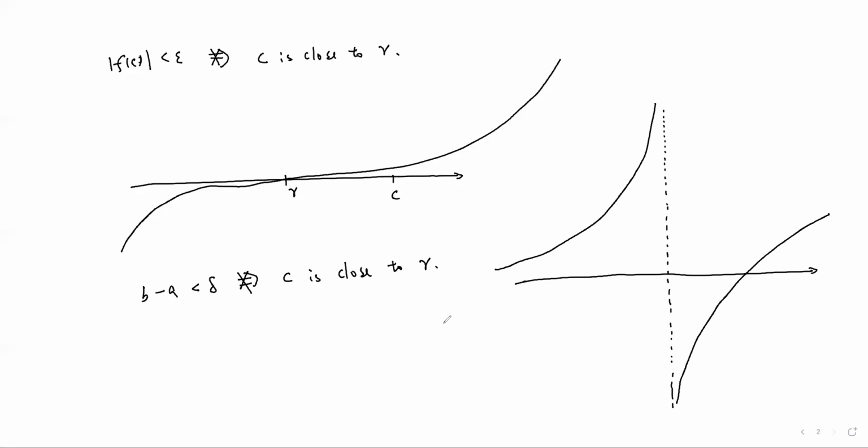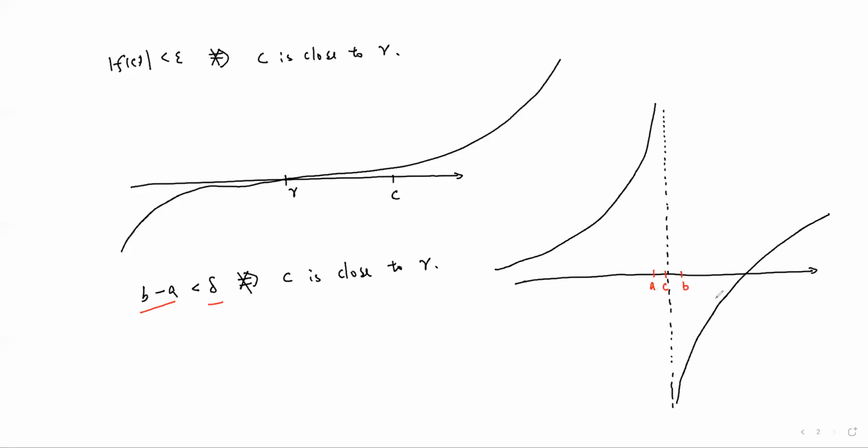The interval is small. Say, let me pick a small interval here, A, B. This interval is very small. The function value at A is positive, the function value at B is negative. The midpoint is about here, midpoint C. The interval is very small, but the midpoint is close to no root.